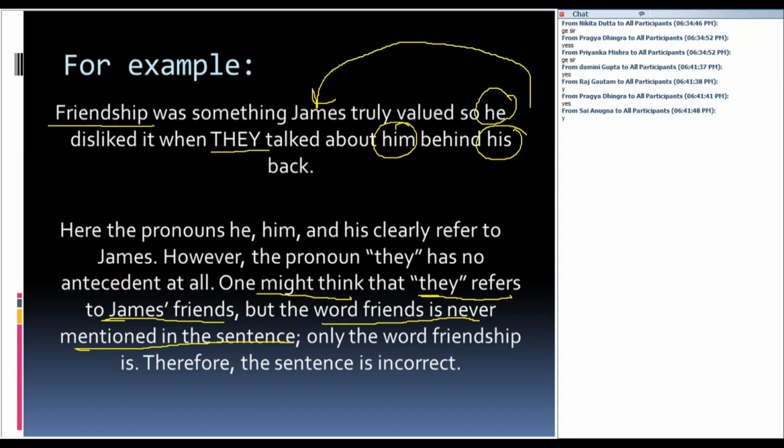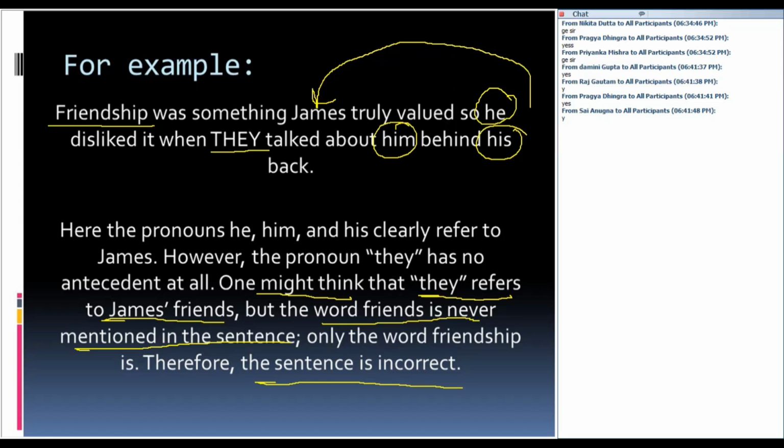And that is why, even though this sentence looks correct, there is a pronoun reference error, and that is why the sentence is incorrect. So we will have to rectify it. Perhaps instead of using the word they, we can use "when his friends talked about him behind his back." So, "Friendship was something James truly valued, so he disliked it when his friends talked about him behind his back."